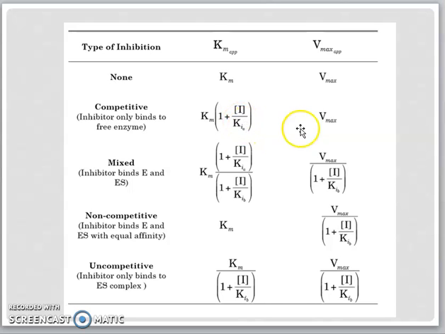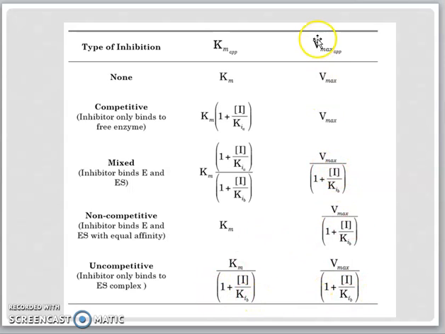We know that for competitive, the Vm will be similar for the one without inhibitor and the one with inhibitor. So you just take Km app equals Km times 1 plus I over Ki, and the same goes for the other types of inhibition.